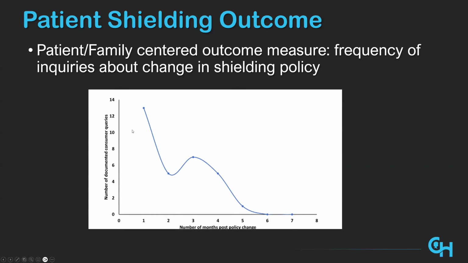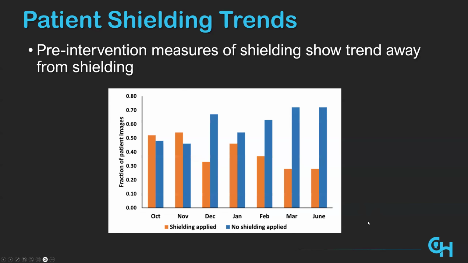So beginning at the initiation of the project, the number of documented consumer queries from patients and families went down over the course of the project. So this was an important outcome of how well the change had been adapted and accepted by the patients and families.